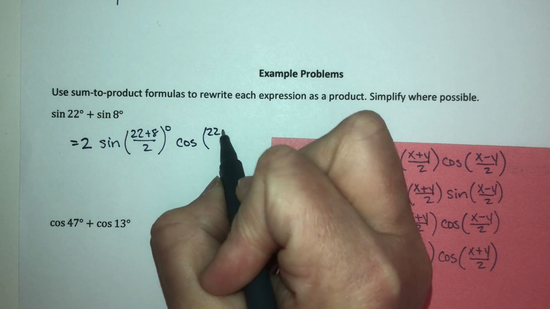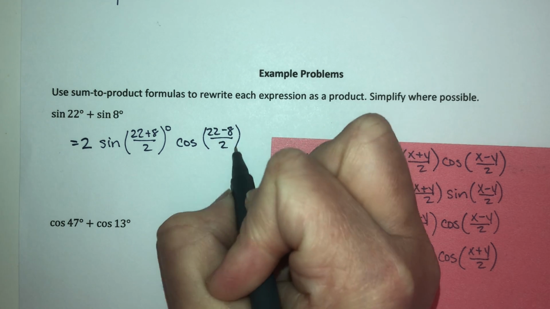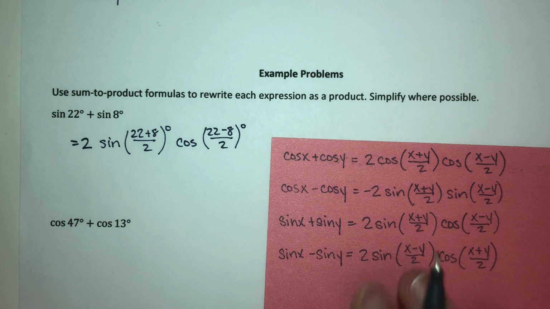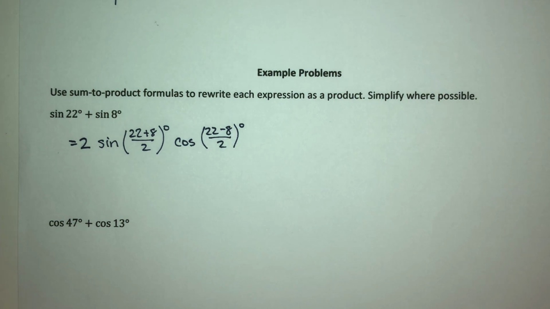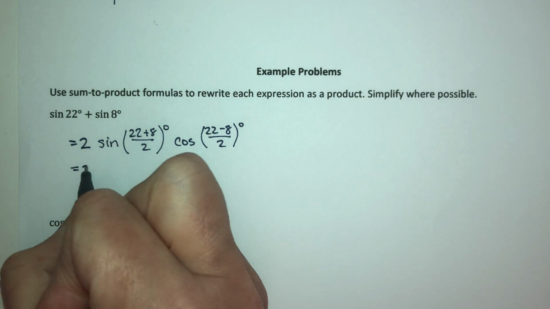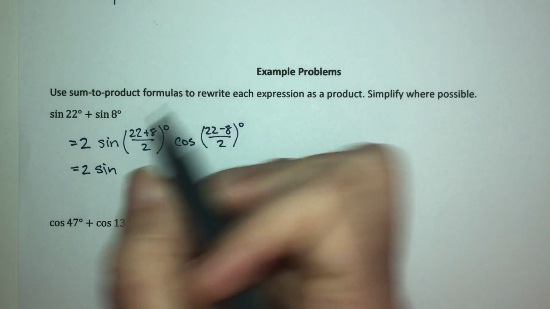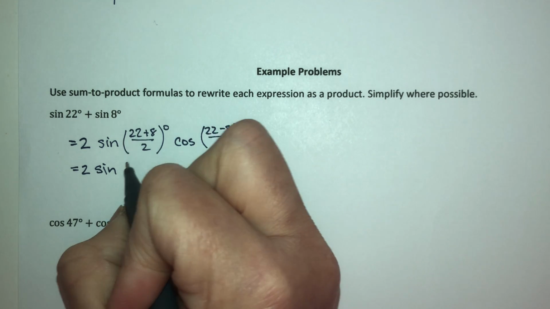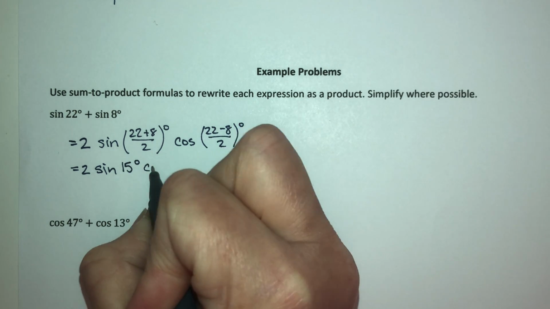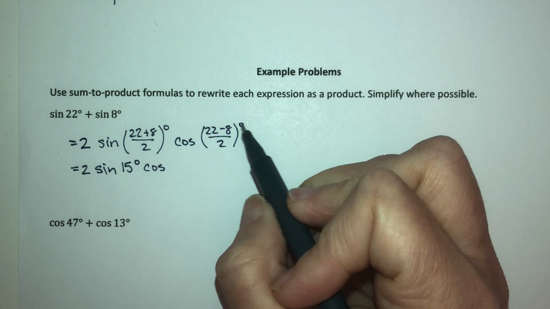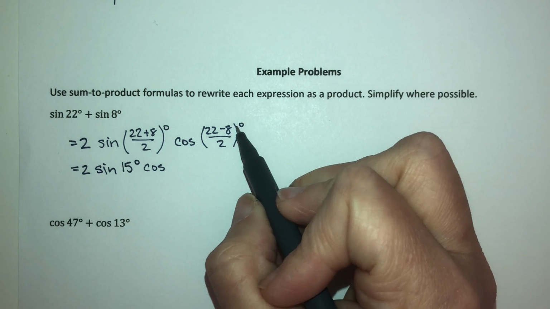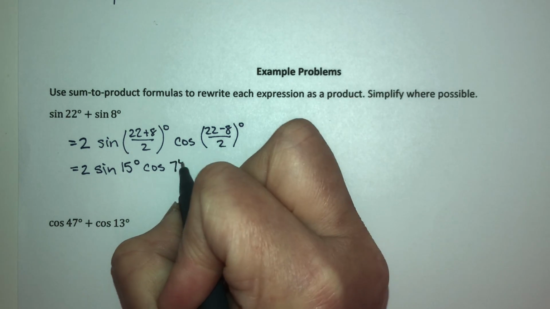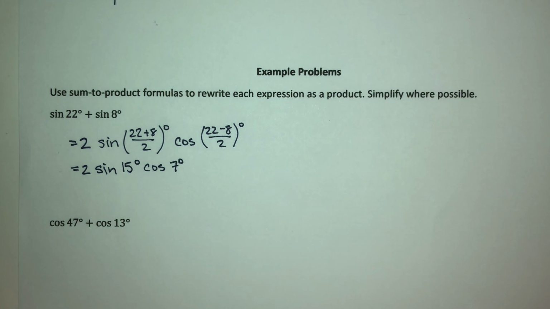So 22 minus 8 divided by 2 degrees. So what does this end up being? This is 2 times sine of 30 degrees divided by 2, sine of 15 degrees. Cosine of 22 minus 8 is 14, 14 divided by 2 is 7. So this is 2 times sine of 15 degrees, cosine of 7 degrees. That's all that they want.